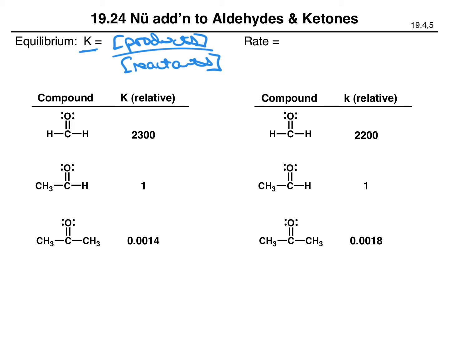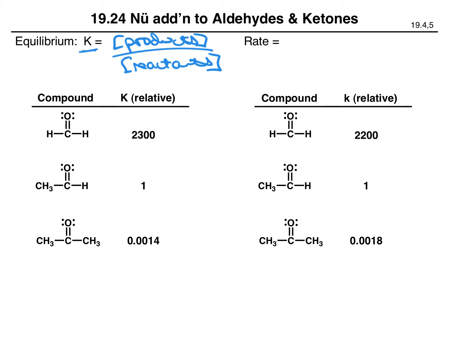So looking at a few different compounds, if we are thinking about formaldehyde compared to acetaldehyde compared to acetone, then if acetaldehyde has a relative equilibrium constant of 1, then for formaldehyde, this has an equilibrium constant that is 2,300 times higher.